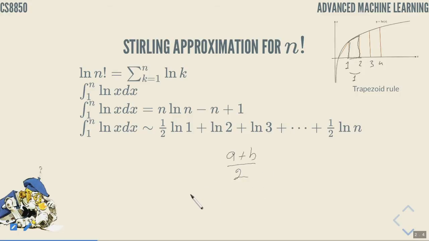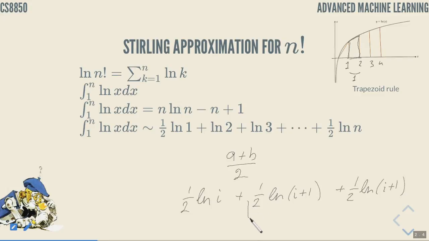Each trapezoid is 1/2 log i plus 1/2 log i plus 1. The next one is 1/2 log i plus 1, and so on and so forth.